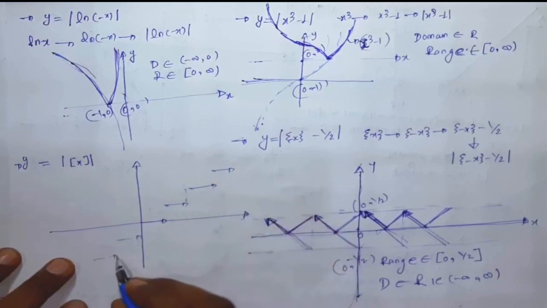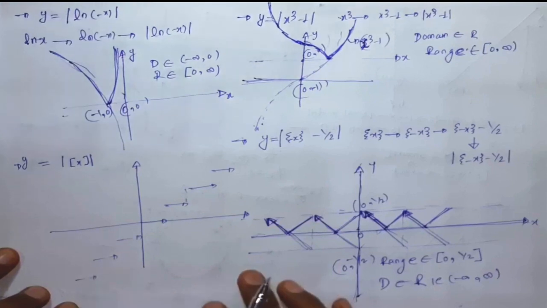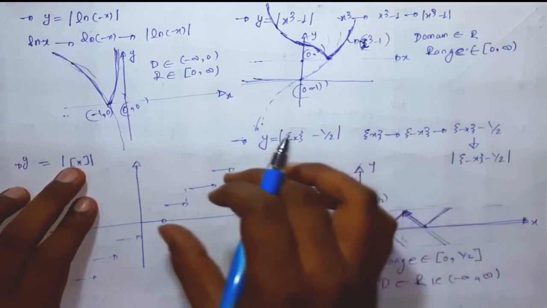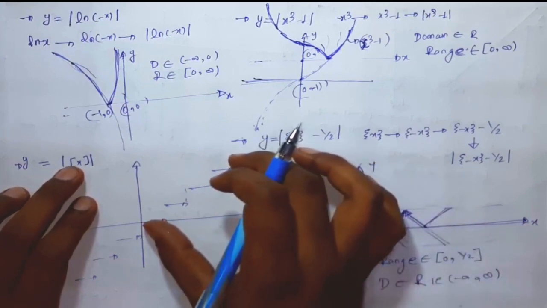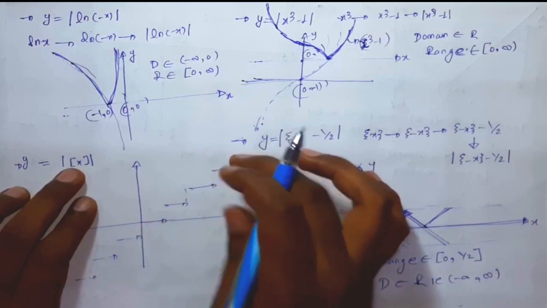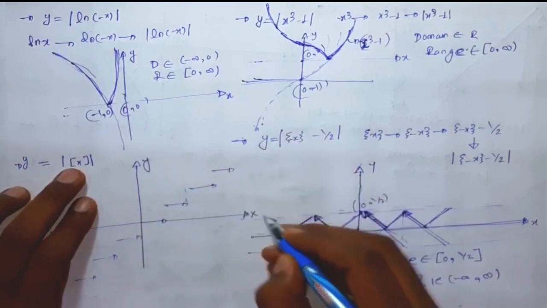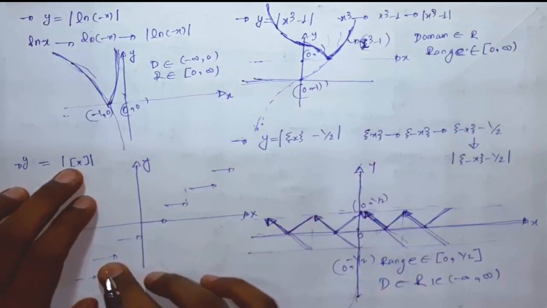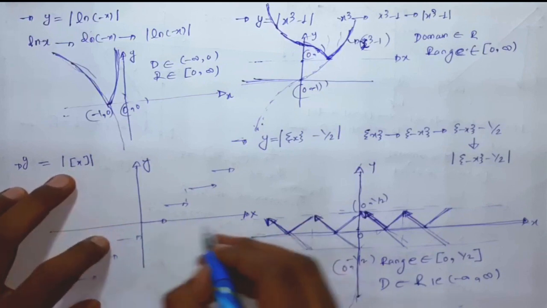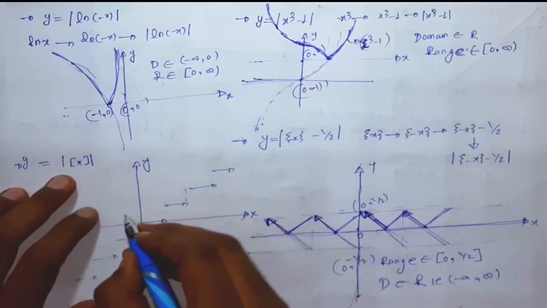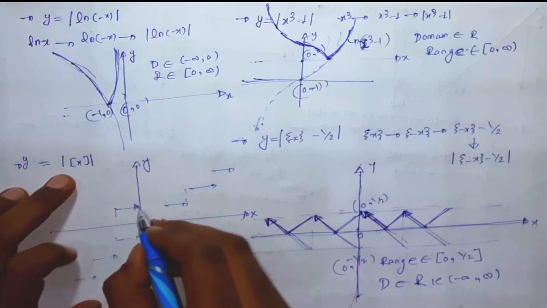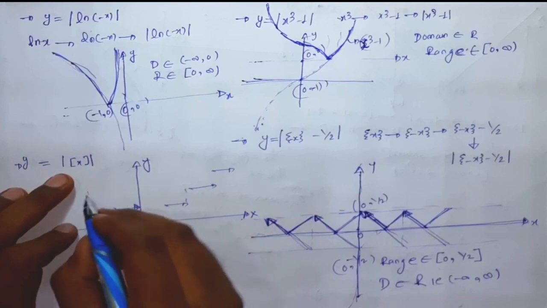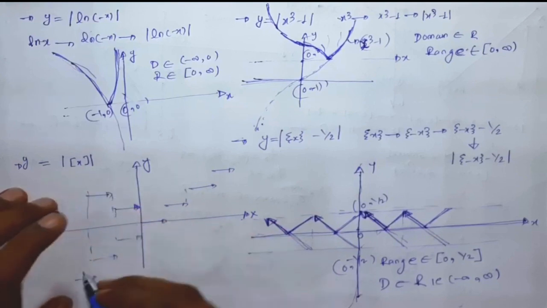Okay, now if the inner portion is positive, then the mod will open as a positive. So this positive portion will remain as it is. This is y, this is x-axis, but the negative portion we will take the image in the x-axis. We will simply take the image.